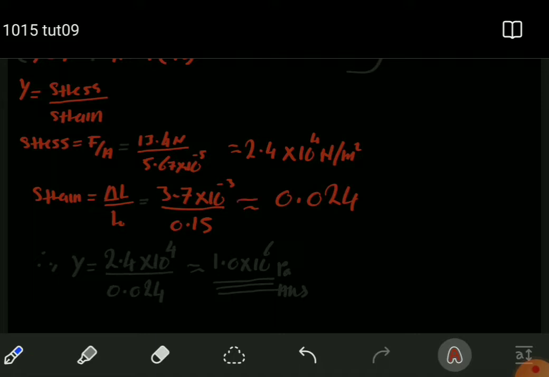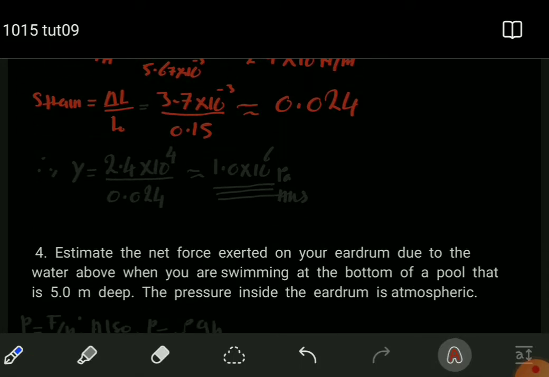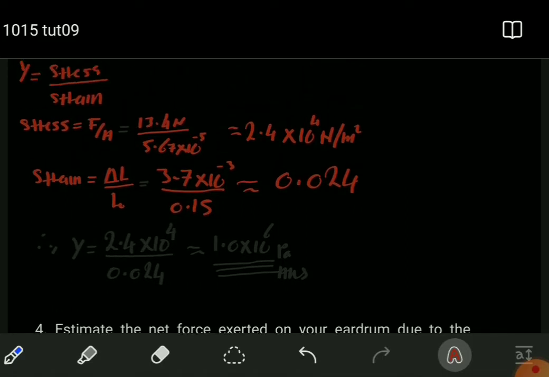After having done this, it becomes much easier to find the Young's modulus for this tendon. Young's modulus is the stress that we obtained divided by the strain, giving us the Young's modulus for the tendon as 1 times 10 to the power 6 pascals, or newtons per square meter. All right, so this was easy.